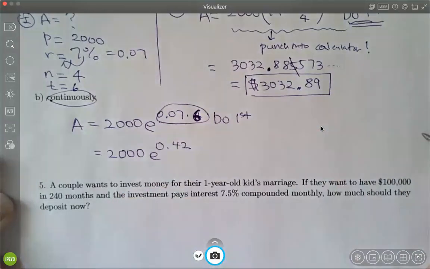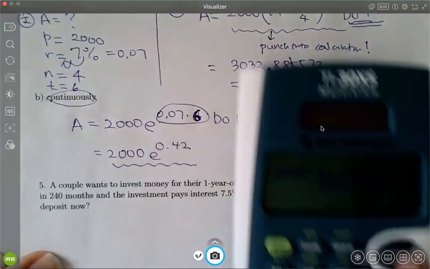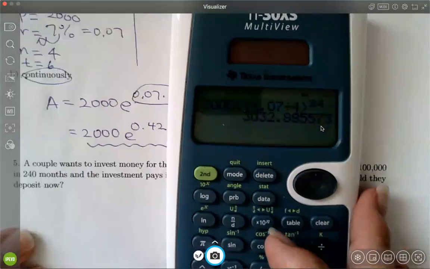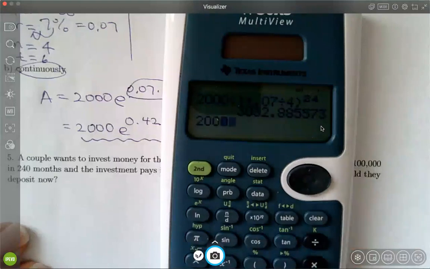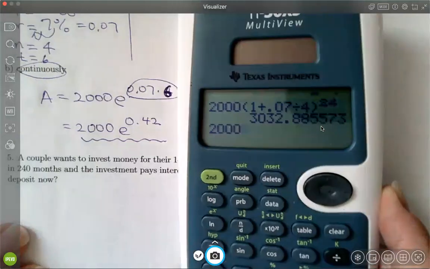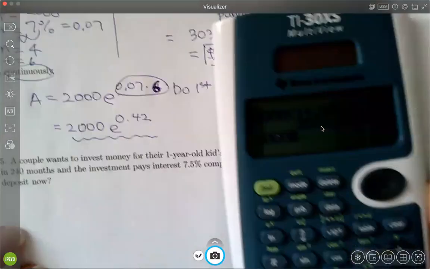Okay, so now you type this number into your calculator. So 2000 times e to the 0.42. So what does that mean? So 2000, and then times E. And now remember from yesterday's class, what should I do here to make it even more visible?